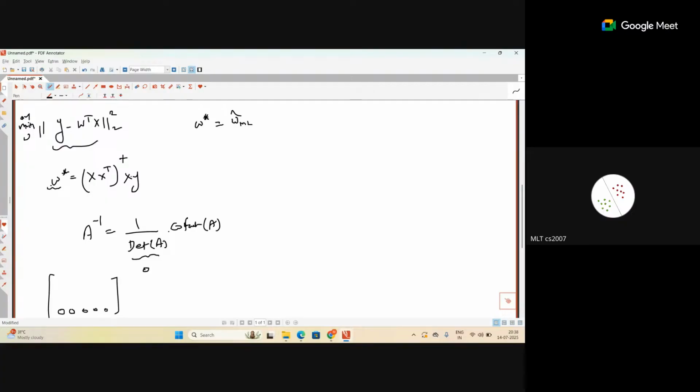If you can find the inverse without considering that row, then that inverse is not the true inverse, but it is called the pseudo inverse, because we need to find the inverse somehow so that we can get the solution.